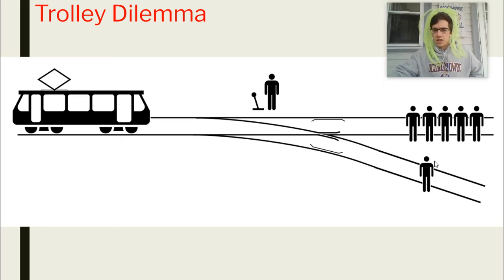There's one person over here on a separate set of tracks. So if you do nothing, the trolley will continue straight and will kill the 5 people. If you pull the lever, it's going to direct the trolley onto the second set of tracks where there's one person. So the question is, do you do nothing and kill the 5 people, or do you pull the lever and kill the one person?